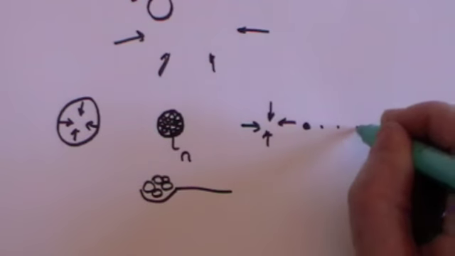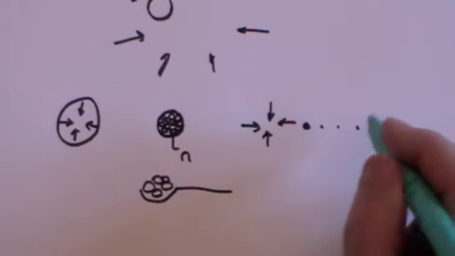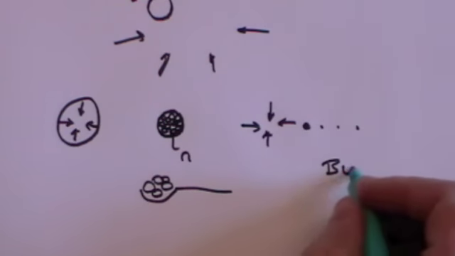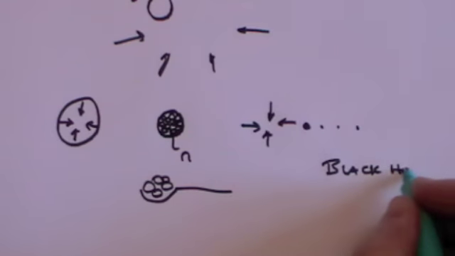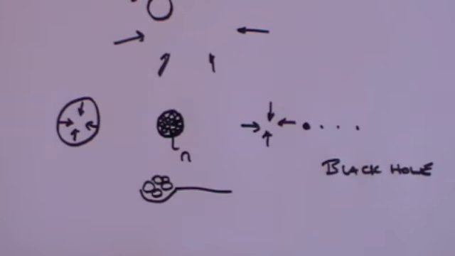Consequently, that star will not stop contracting until it gets to what we call a singularity, a point. And when that happens, you've created a black hole. That is now infinitely dense, and nothing can escape from it. The gravitational force is so intense, nothing, not even light, can escape. And that's why we call it a black hole, because we can't see it.